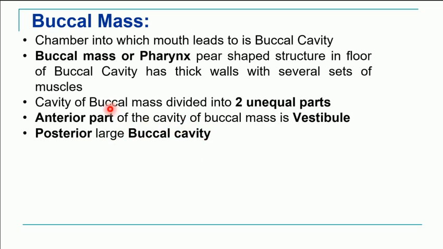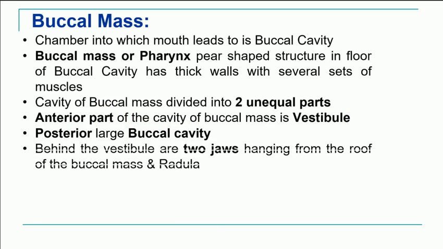So the buccal mass is divided into two parts: the anterior part is the vestibule, and the posterior part is the large buccal cavity. Now behind this anterior vestibule, there are two jaw-like structures, or true jaws, which hang from the roof of the buccal mass, and the radula. So what is this radula? We'll see in the next slide.